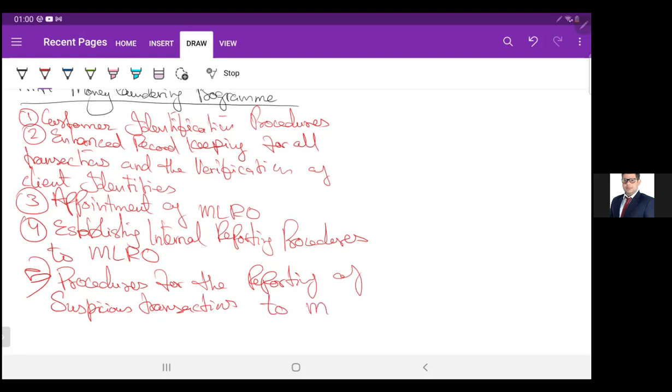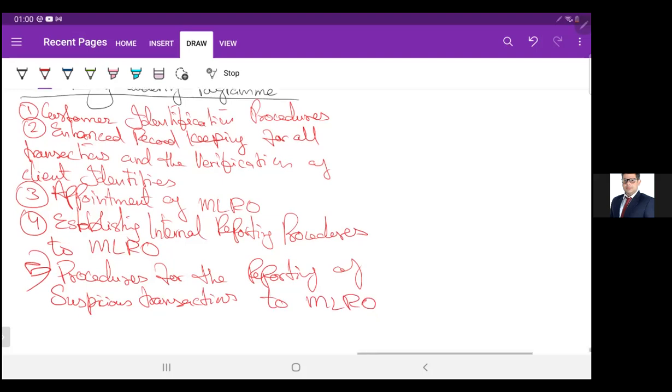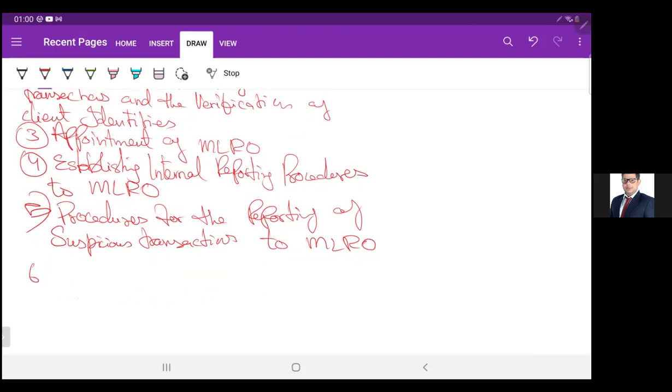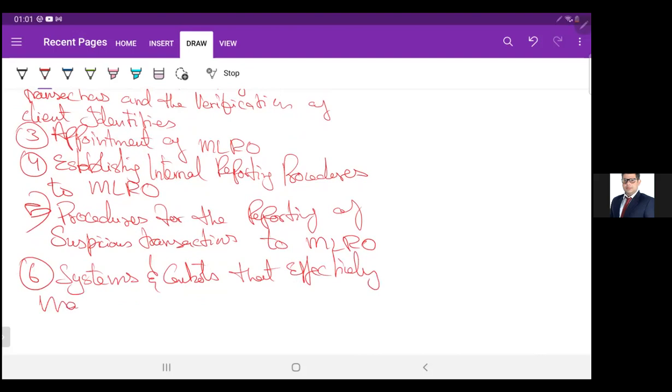To the MLRO. Okay. Systems and controls that effectively manage the risk that the firm is exposed to in relation to money laundering activities and ensure compliance with the legislation.